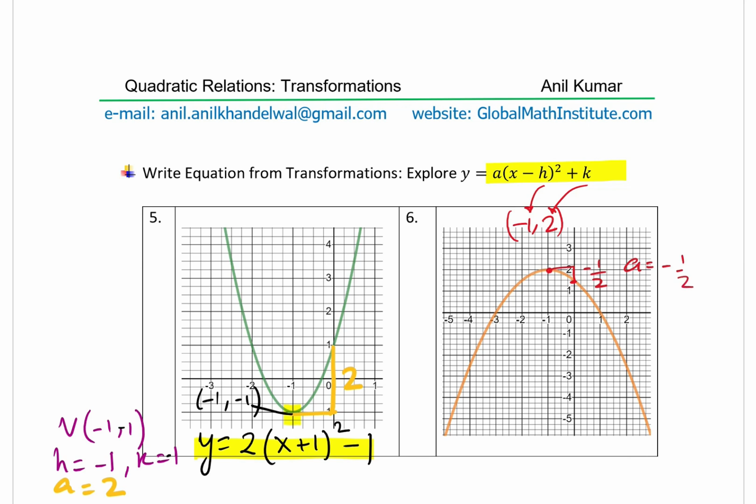And therefore, you could write this equation as y equals minus half x plus 1 whole square plus 2, right? 2 is your k value. Perfect. So that is how you're going to get the equation.